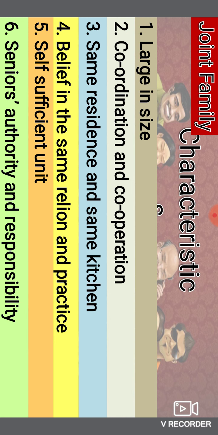And the sixth one, the structure of authority. The senior members of the joint family are entrusted with the authority and responsibility. The handing over of authority is based on the seniority in the family.